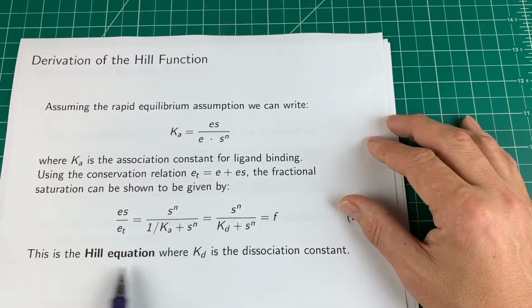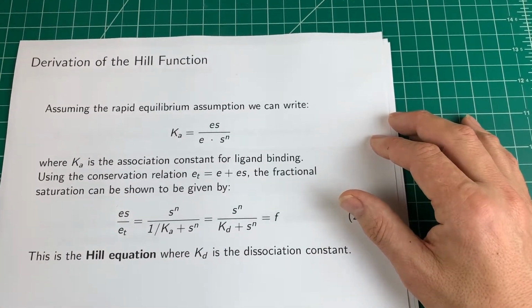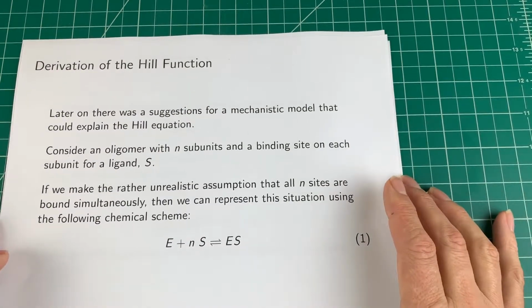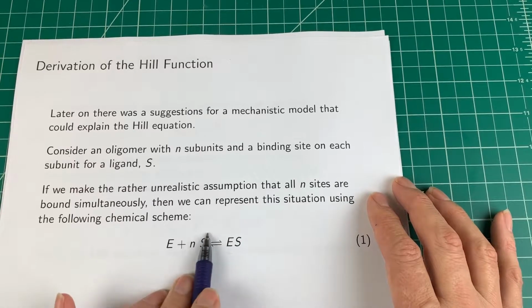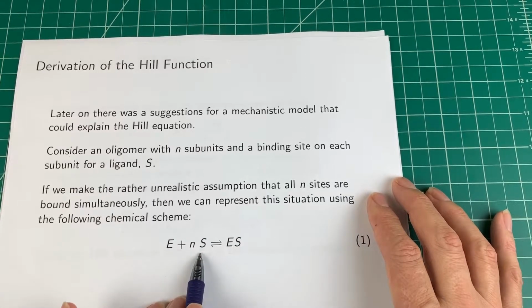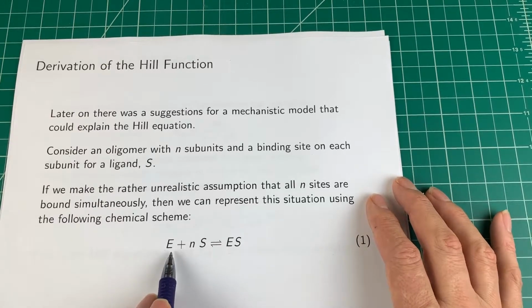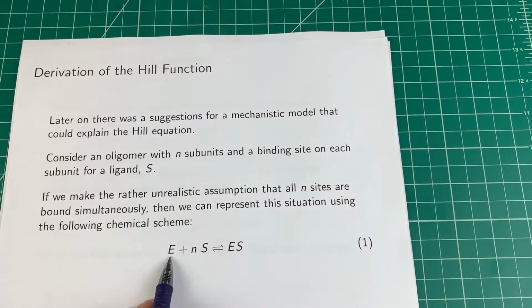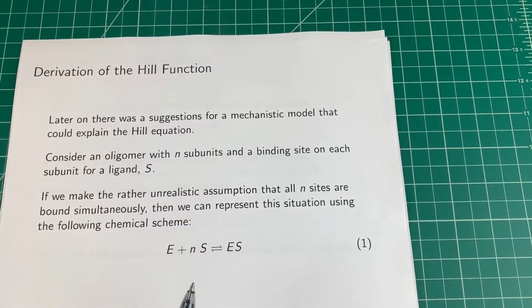All right. So this is the Hill equation where Kd is the dissociation constant. So just to remind you again where this came from. The Hill coefficient has this rather unrealistic model where it assumes that all n ligands, let's say 4 ligands, bind simultaneously to the protein binding sites. So if n is 4, there will be 4 binding sites on E, and by some miracle, all 4 ligands bind E simultaneously to produce the full complex.